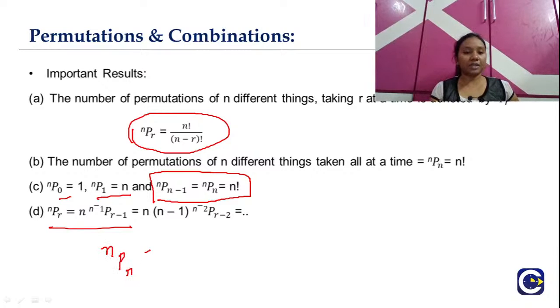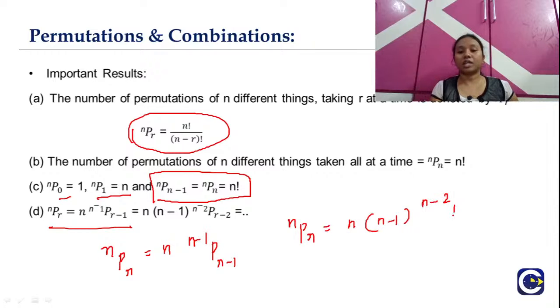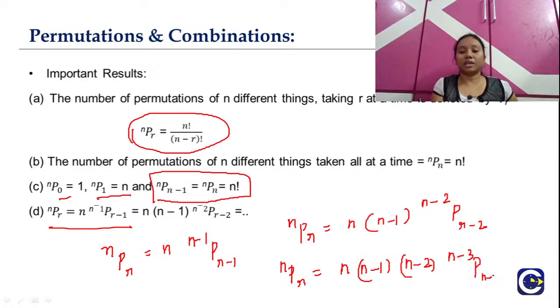Similarly, you can write nPr as n into (n minus 1)P(r minus 1). We can also write nPr in another way, that is n into (n minus 1) into (n minus 2)P(r minus 2). Similarly, if we go until n minus 2, then nPr will be equal to n into (n minus 1) into (n minus 2) into (n minus 3)P(r minus 3).